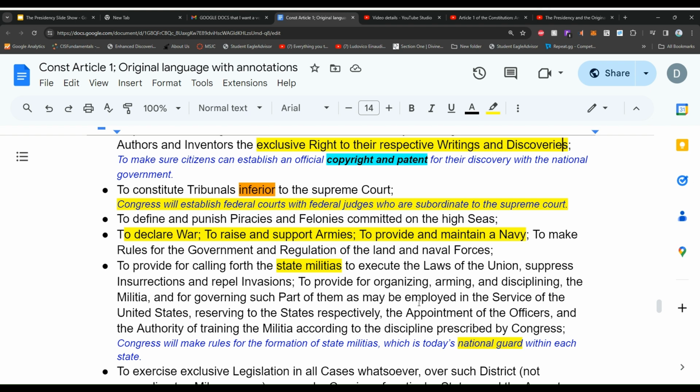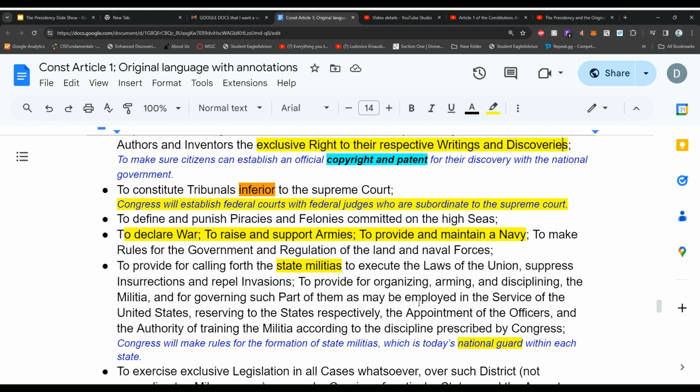The next bullet point, to define and punish piracies. And then to declare war, to raise and support armies, to provide and maintain a navy. Well, the first item there, to declare war, a president doesn't declare war. Congress has the authority to declare war. Now, to raise and support armies means to pay the soldiers and build the forts for them to stay in and pay for the training.